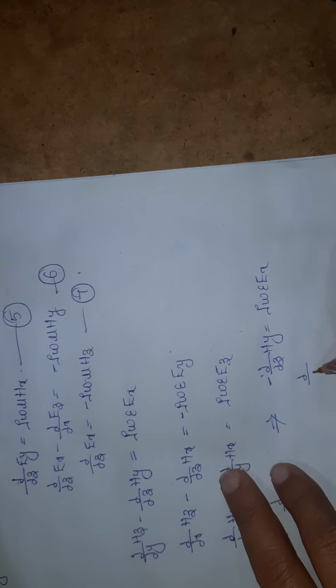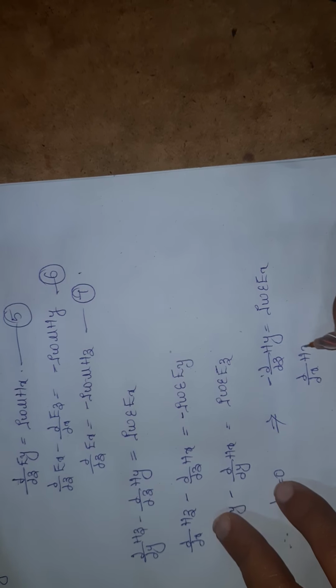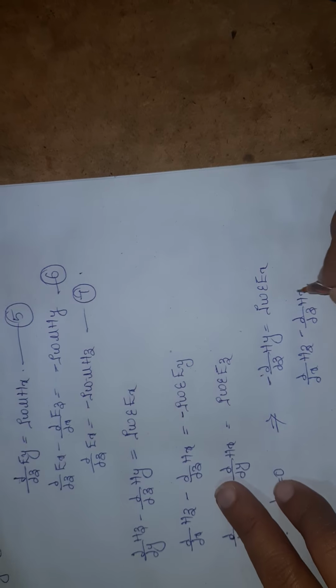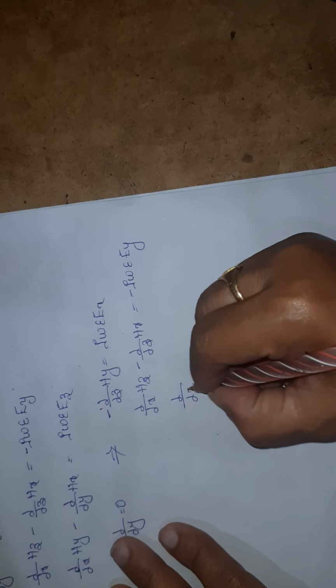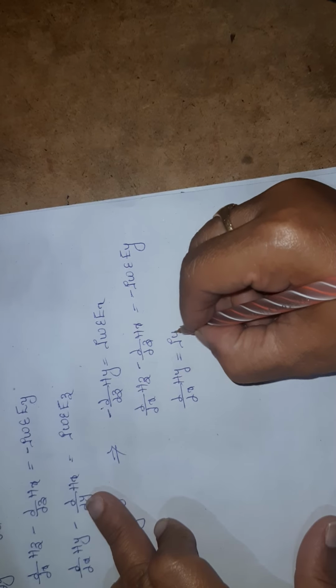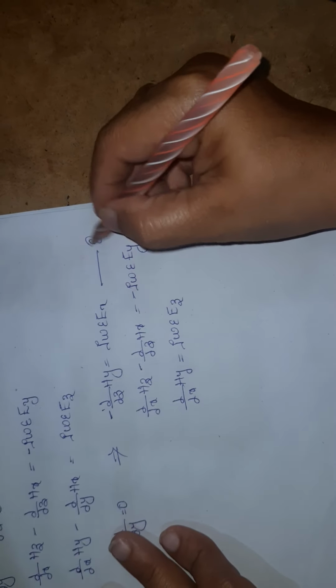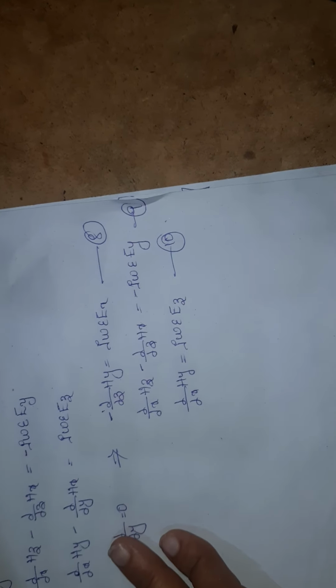Next, dou by dou x Hz minus dou by dou z Hx is equal to minus j omega epsilon Ey. Next, dou by dou x Hy, with this term 0, is equal to j omega epsilon Ez. Now consider these as equations 8, 9 and 10.